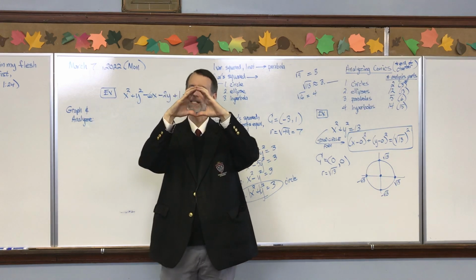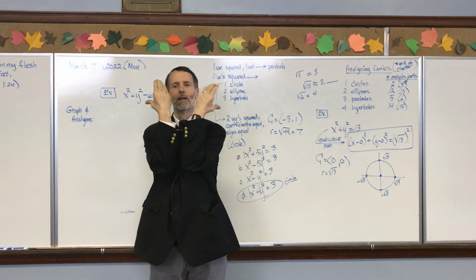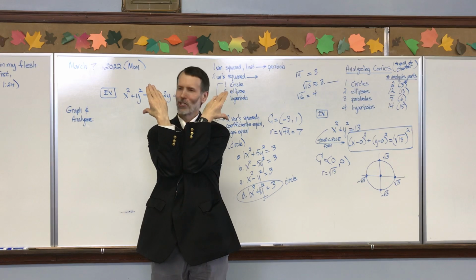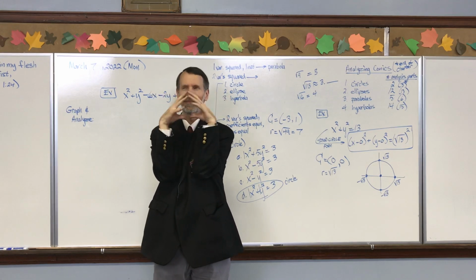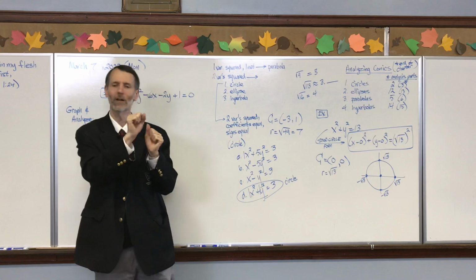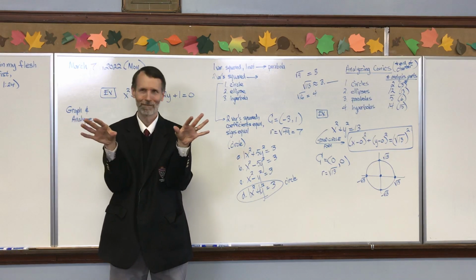If you subtract instead of add, instead of joining the two pieces together, you're going to split them apart. It's going to go opposite directions. Anybody know what shape that was? It's two branches going away from each other. That's a hyperbola. Again, you're not supposed to know that yet. But anything with a square minus a square, that's going to be a hyperbola. Again, you don't know that yet. Well, you do, but you don't.